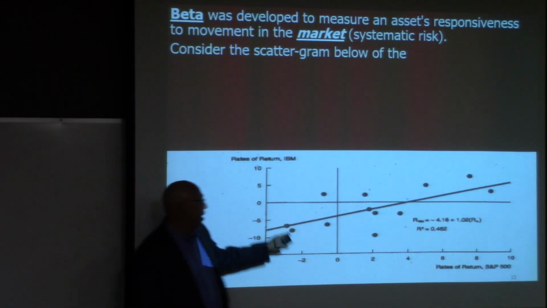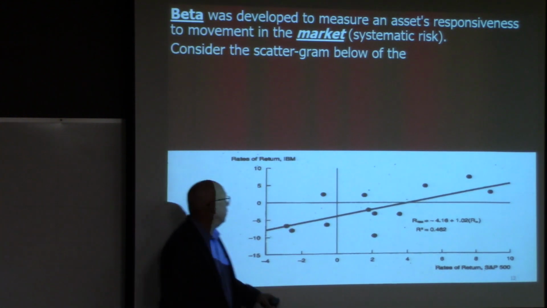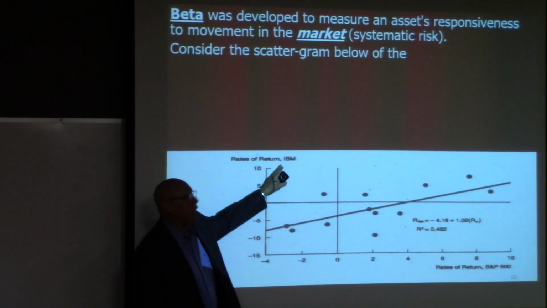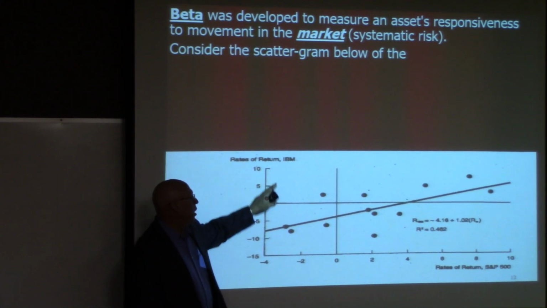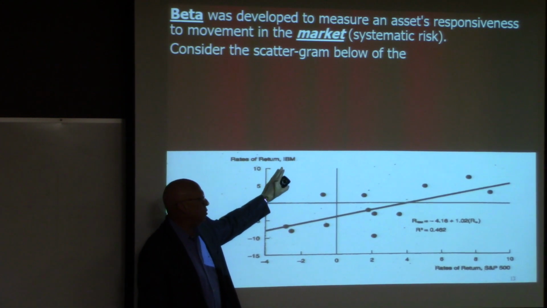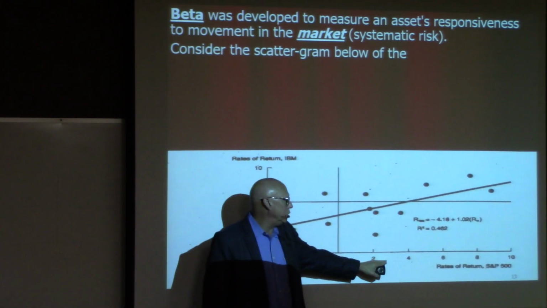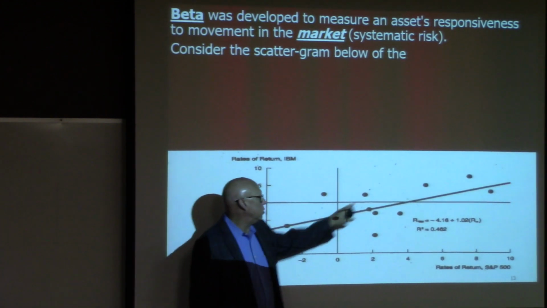We have the rate of return of the S&P 500, and the rate of return of IBM, which is a large tech company. We are comparing how IBM, an individual security, moves in relationship to the S&P 500. So these are the pairs of returns.